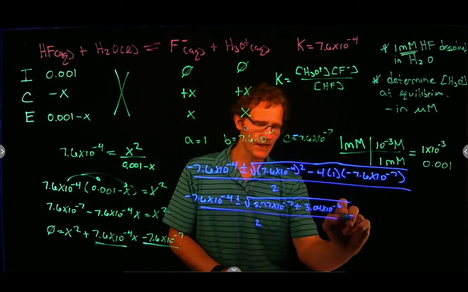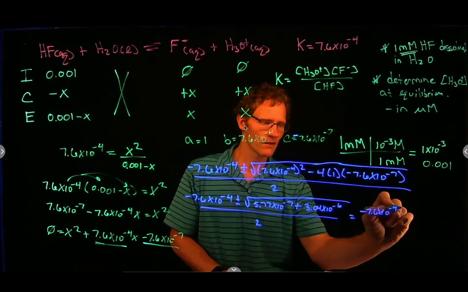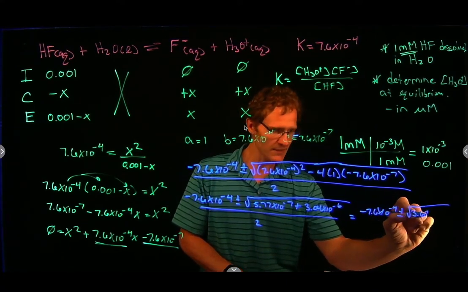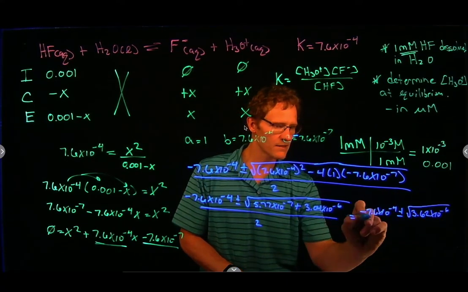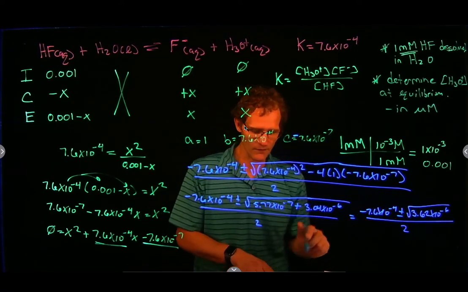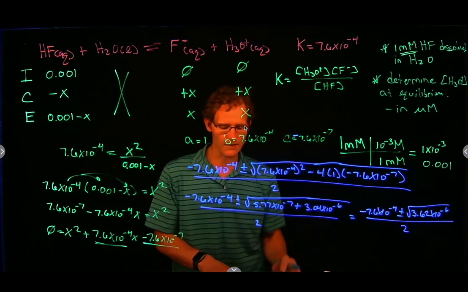Okay, this simplifies to negative 7.6 times 10 to the minus fourth plus or minus the square root of 3.62 times 10 to the minus sixth, over 2. The square root of 3.62 times 10 to the minus sixth is 1.9 times 10 to the minus third.